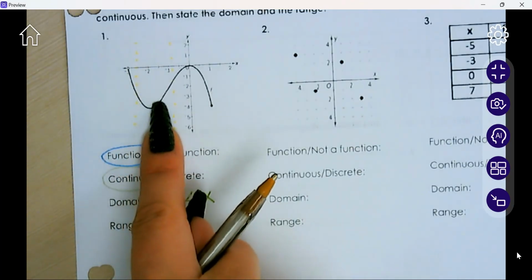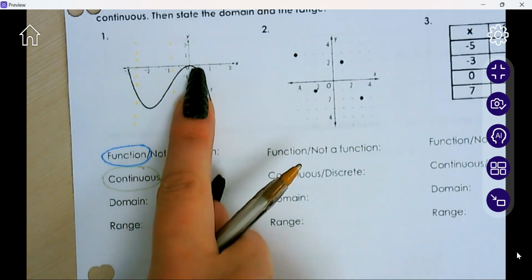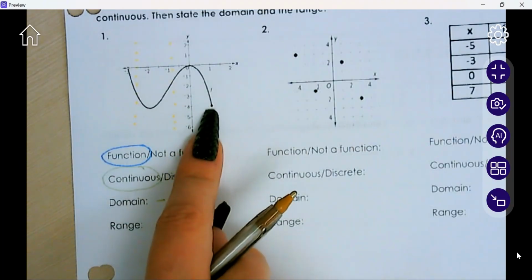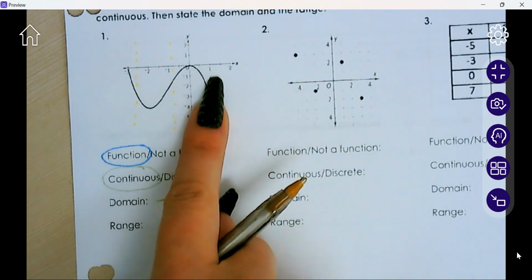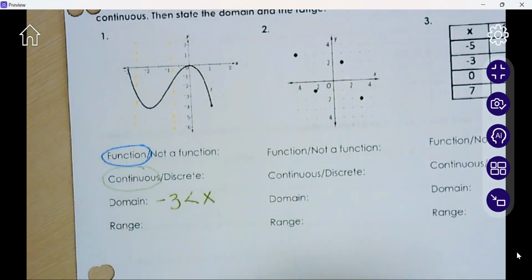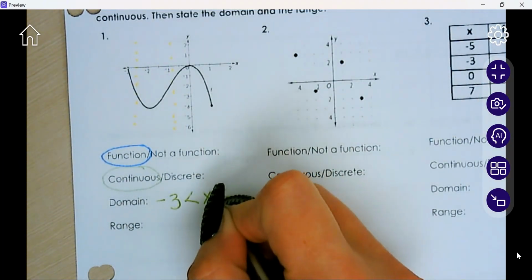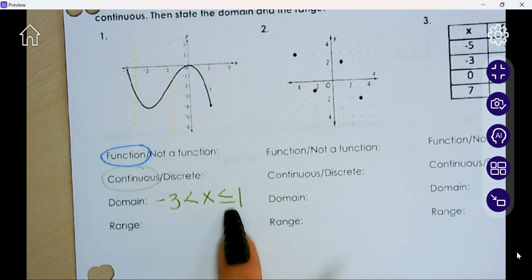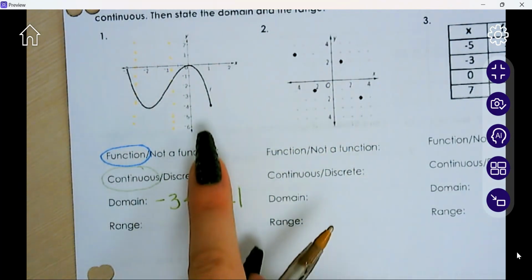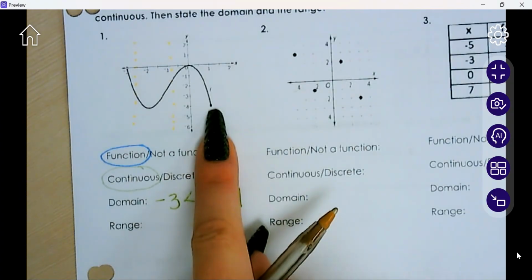If we kept going, I could get bigger and bigger, and now I'm in the positives, and we want to see where the x value stopped. The x value stopped right here, where the x value is 1. So it has to be less than or equal to 1. We know this is less than or equal to because this is a closed circle.